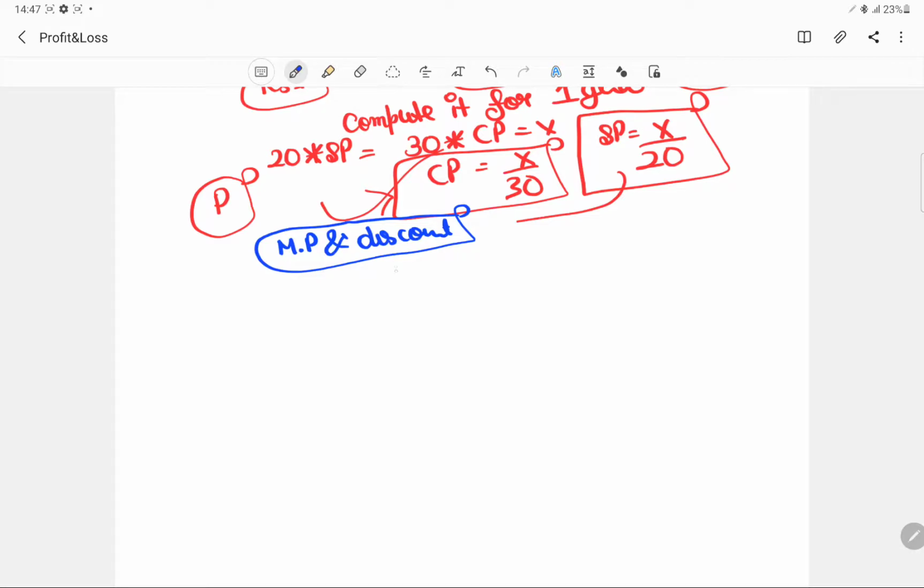Say you have a smart shopkeeper. Now what he did is he bought an article for rupees 100. Then he marked it up. So basically he removed the tag and placed his own tag, and he increased the price by, say, 50%.